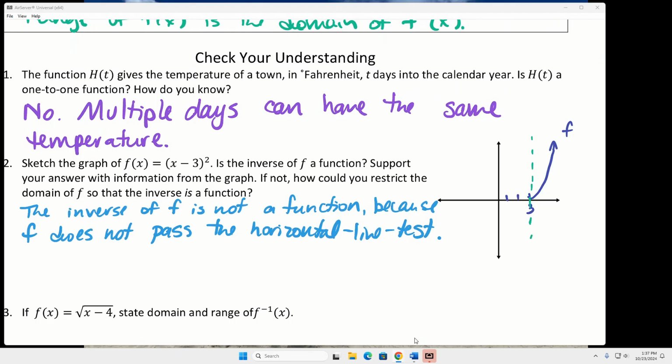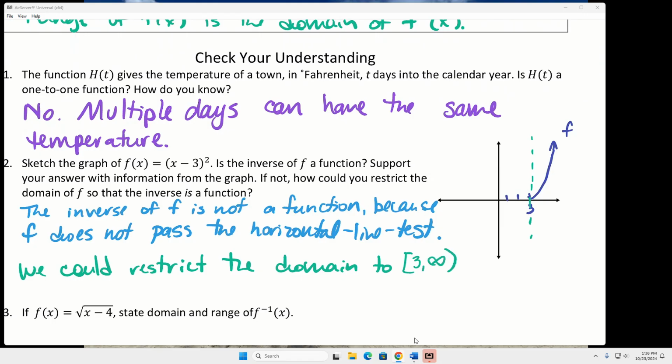It's 1 to 1. So we could restrict the domain to, with the amount of the graph that I have left, what is the smallest x value where I have something graphed? 3. And then it's going to keep going on forever to the right, which is to infinity.